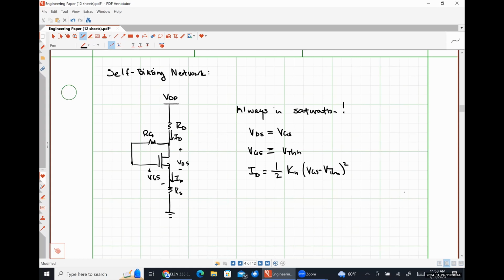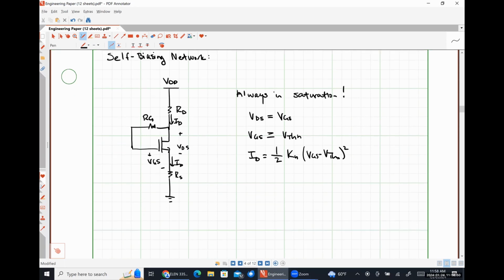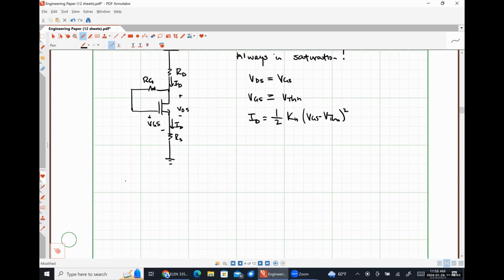Okay, so if we write a KVL equation down the right-hand side of the circuit, what we wind up getting is VGS is equal to VDD minus RD plus RS times ID, which we can rearrange to find that ID is equal to VDD minus VGS over RD plus RS.